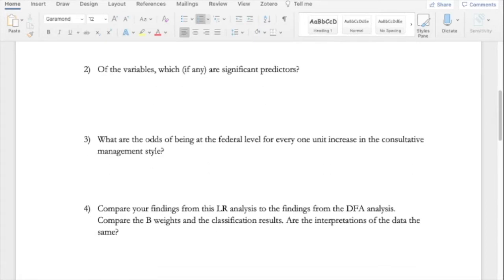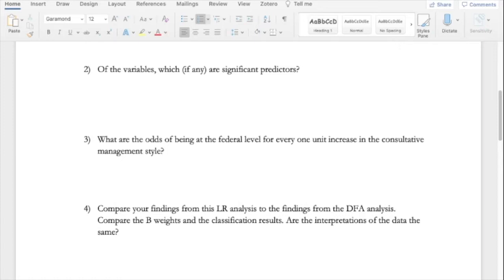Then this question is looking at more, once we start wanting to interpret it. Okay, what do these results mean? So what are the odds of being at the federal level for every 1 unit increase in consultative management style? So what do the results mean?